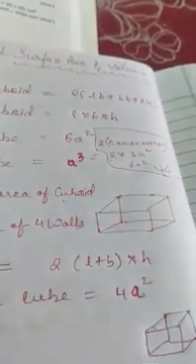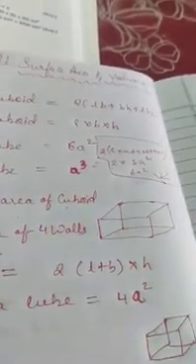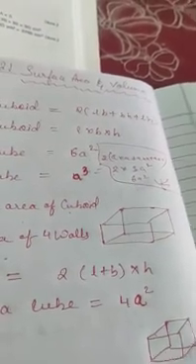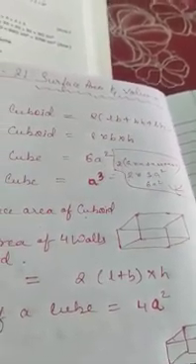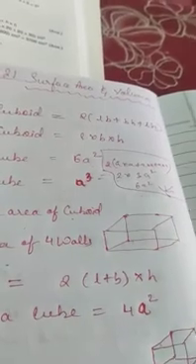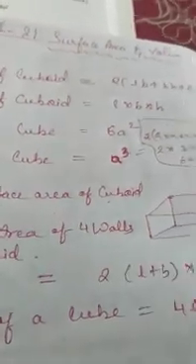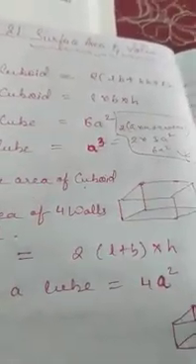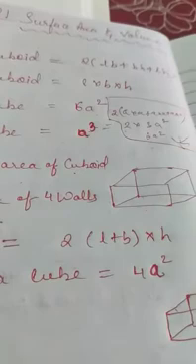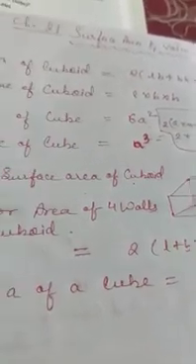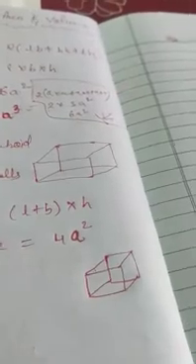If you don't know, just look around your room and see 4 walls, 1, 2, 3, 4. Okay, so when you have to find the area of 4 walls, that is the same as lateral surface area. Lateral surface area of cuboid, children, what is it? Just see here, length into breadth is rectangular in shape, so twice of length into breadth and one height is there.